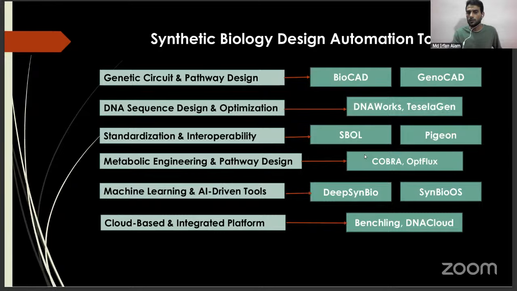COBRA and OptFlux for metabolic engineering pathway design, and DeepChem, Python for machine learning and AI-driven tools for analysis and accuracy. Cloud-based integrated platforms such as Benchling are used to manage the cloud and make sure data is secure.